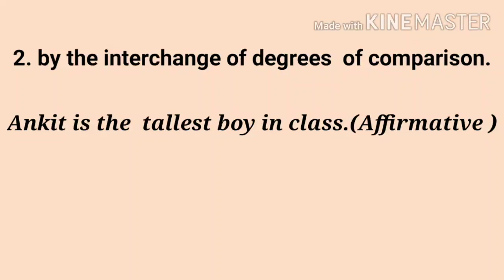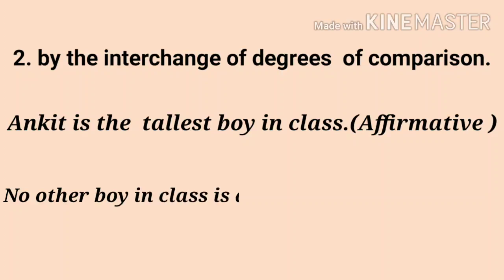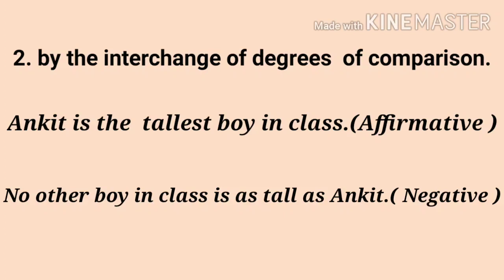Now we have to change this into a negative sentence by changing the degree of comparison. So the tallest boy in class. Ankit is the tallest boy in class. Let's change it into a negative one. No other boy in class is as tall as Ankit.